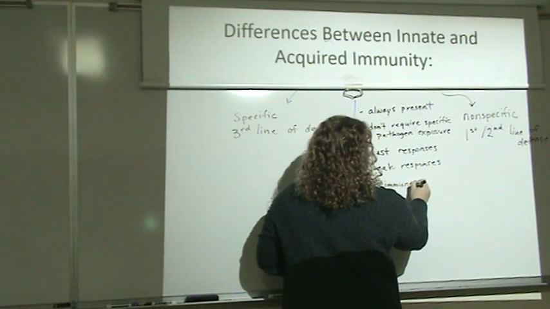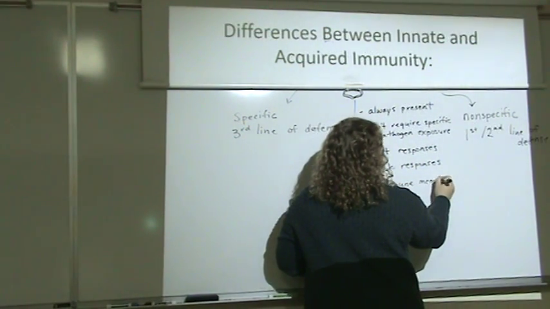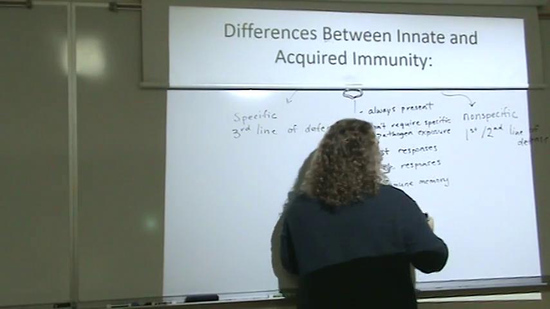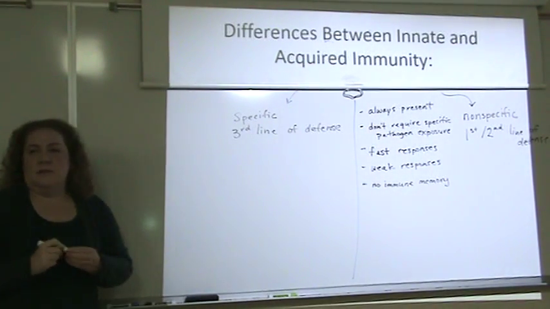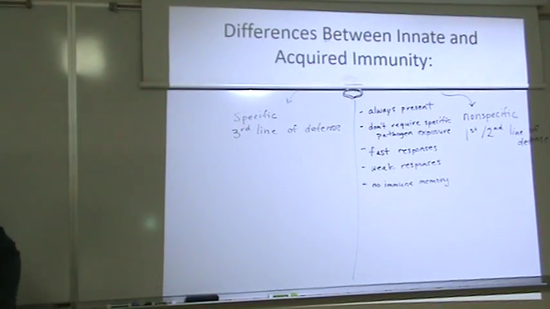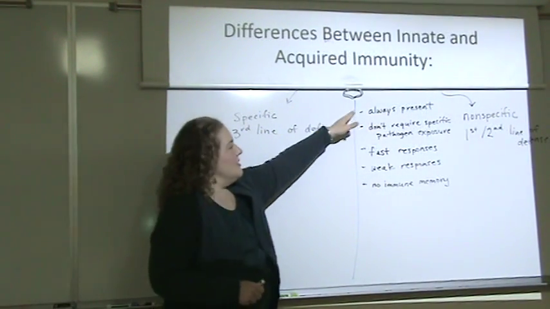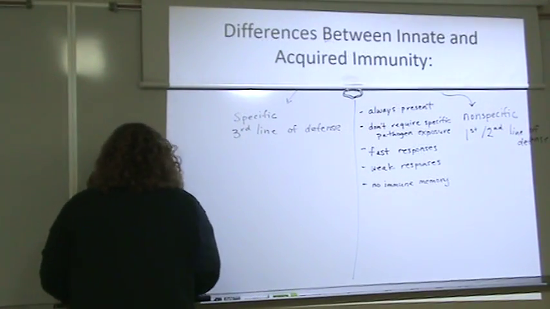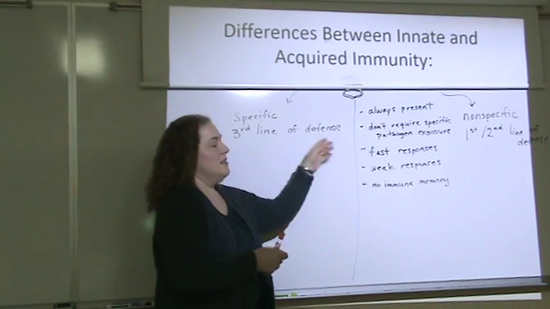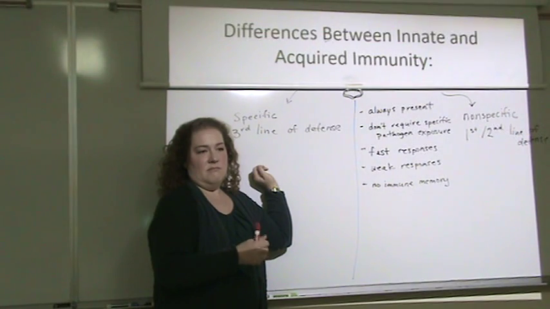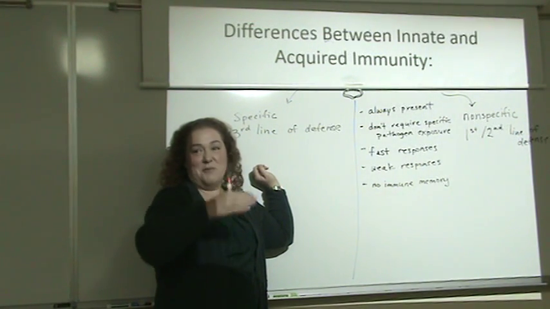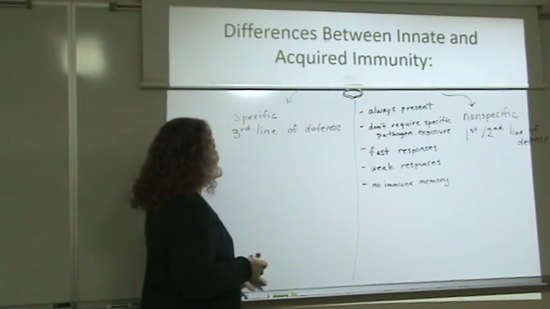And this branch also does not show what we call immune memory. You don't need memory if it's just for your general pathogen attack. You don't have to remember, oh yeah, I saw that pathogen before, that specific one. So pretty much everything that is in this list has the opposite in this list. So you really could just remember one set and the other is the opposite.